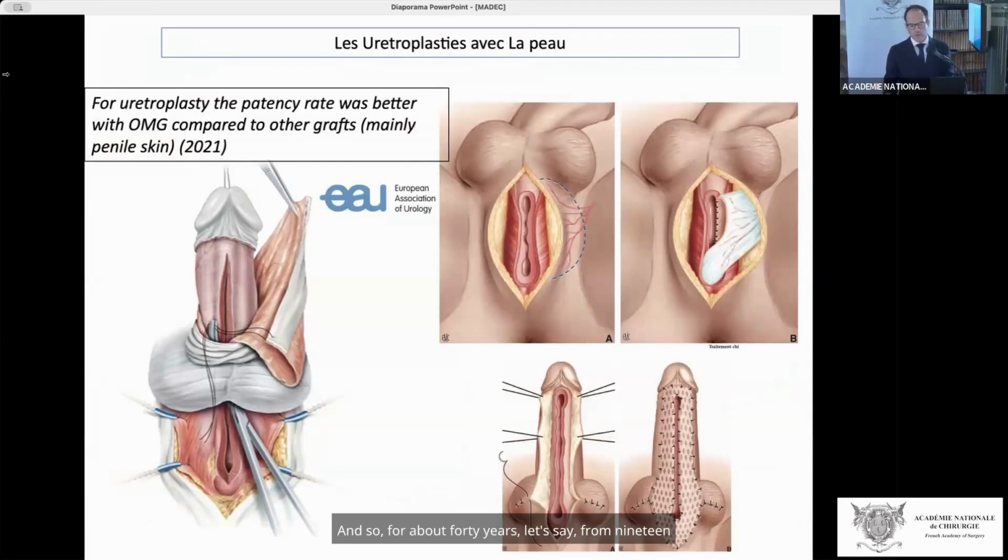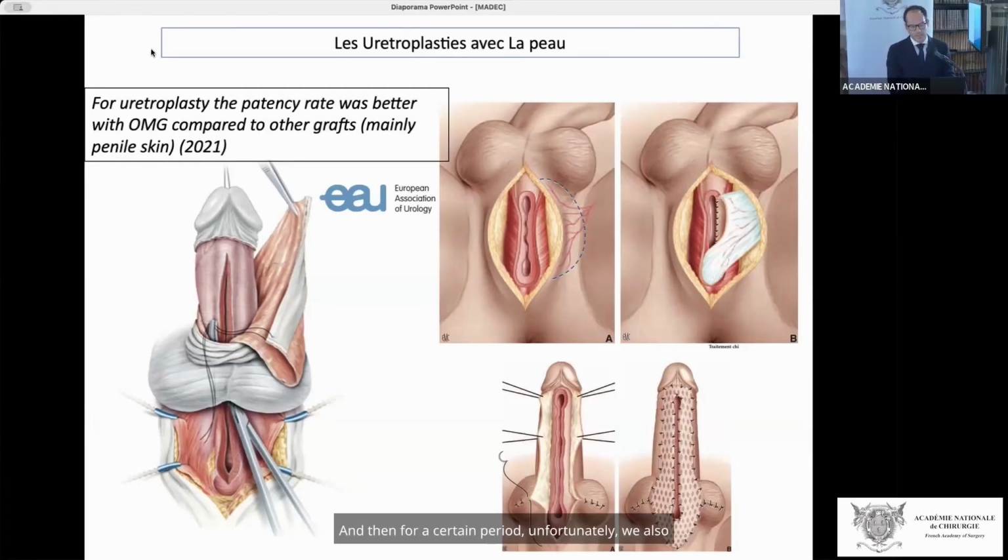And so for about 40 years, let's say, from 1960 until the early 2000s, urethroplasties were performed more with skin than with buccal mucosa. And currently, we know that skin urethroplasty results are not as good as those with buccal mucosa grafts. And we've learned several things. Firstly, because skin is more sensitive to the acidic pH of urine, lichenification is also possible in the skin.